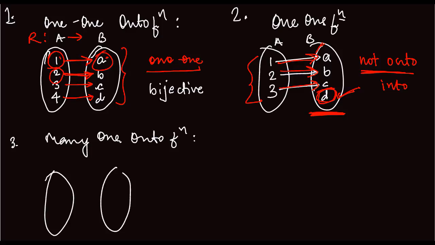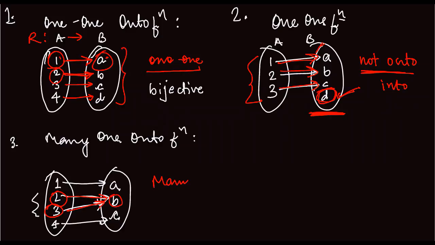So we have 1, 2, 3, 4, A, B, C. Now let's say 1 is related to A, 2 is related to B, 3 is also related to B. And 4 is related to C. There are two elements, 2 and 3, which are related to only one element, which is B. So this is many-one because more than one are related to one.